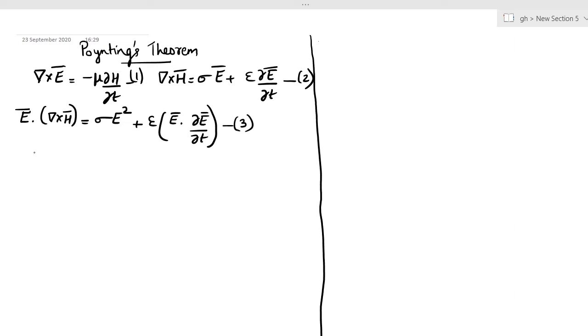Now let's consider a vector identity, that is del dot (A cross B). This is a general vector identity where A and B are two vectors.